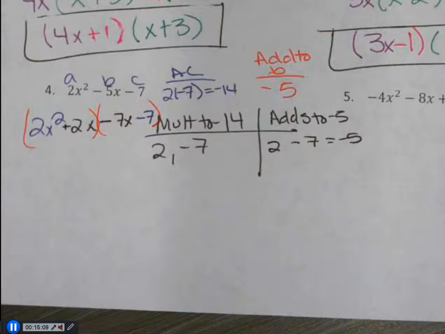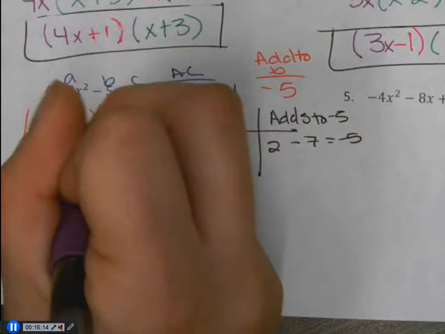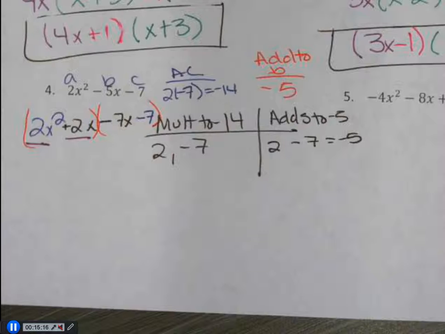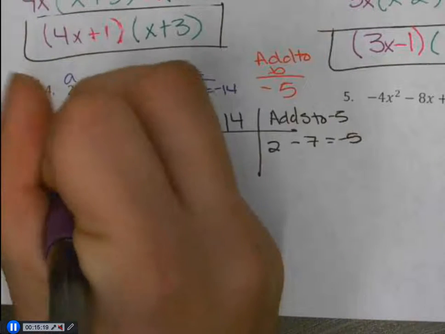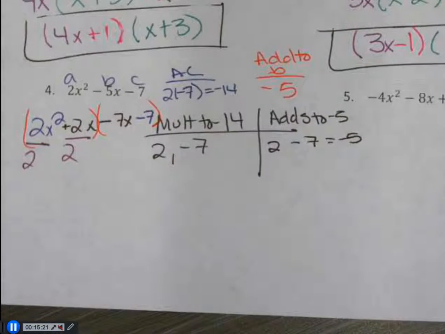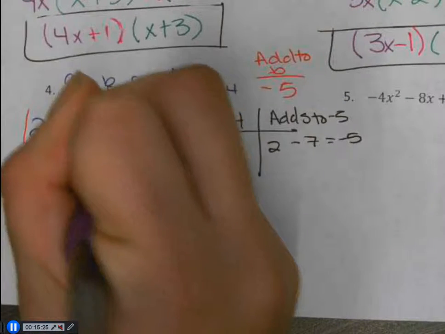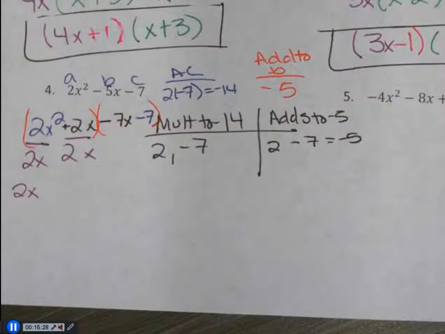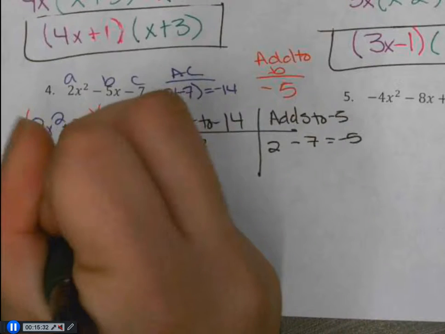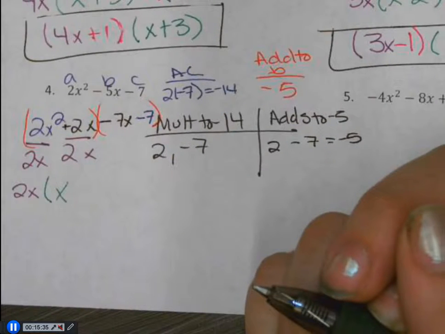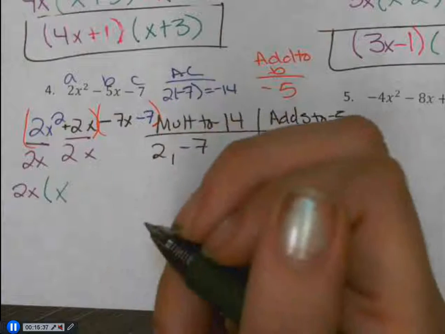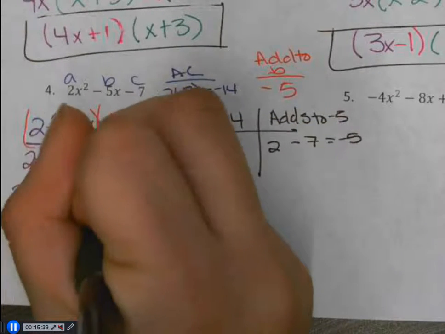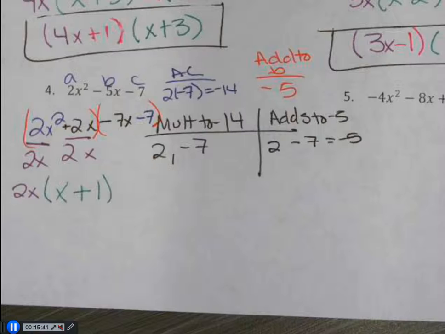What goes into my first group? Larger than 1. 2. And can I pull out a variable here? Yeah, x. So I write 2x on the outside. 2x squared divided by 2x is x. 2x divided by 2x is... They cancel out, so whenever they cancel out, it leaves us with just 1.